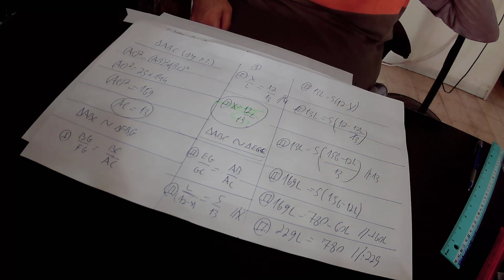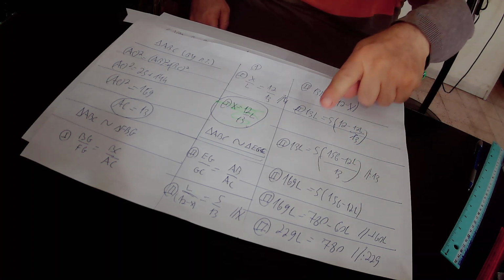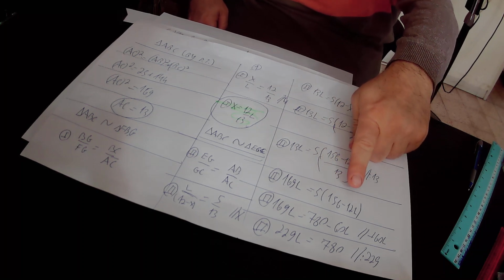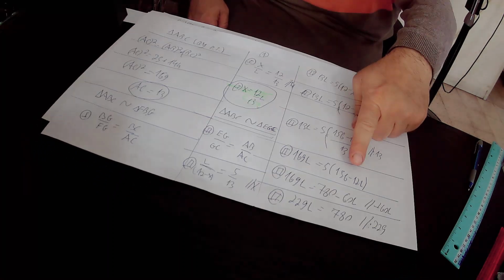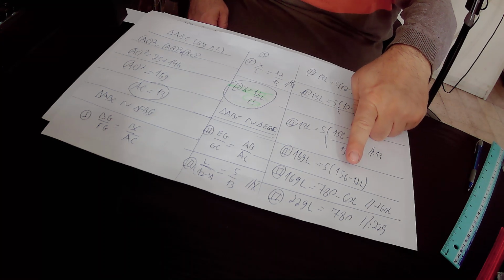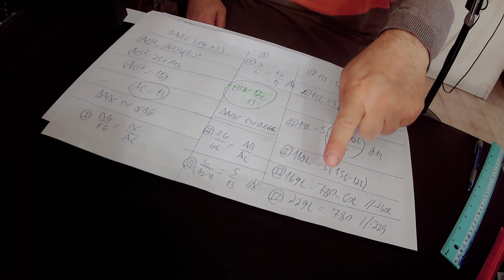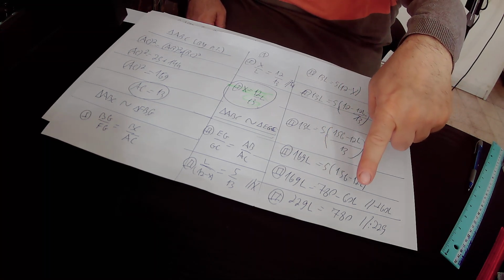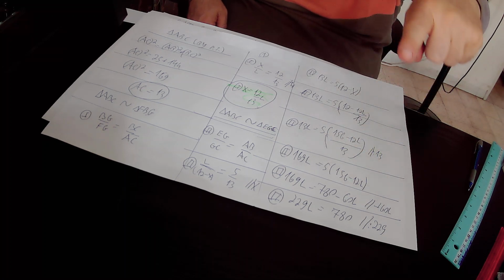So in conclusion, according to equation 2, 169L equals 780 minus 60L. Here we added 60L to this equation, and found out that 169L plus 60L equals 229L. So 229L equals 780.